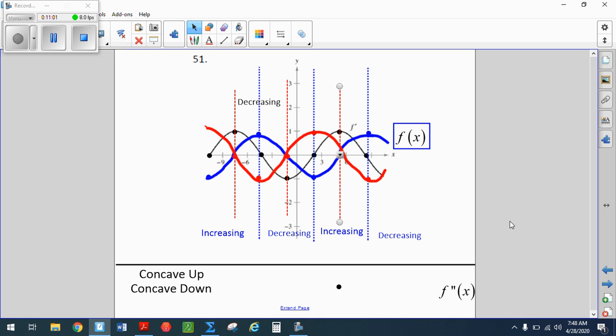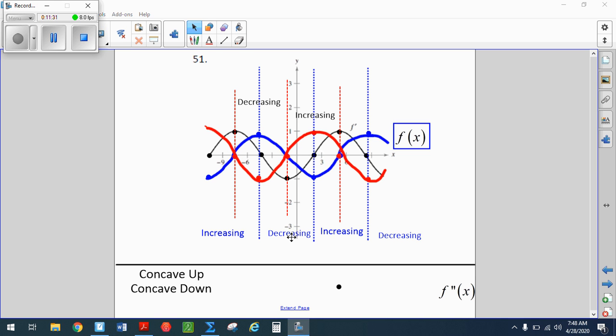But on the black curve, it's decreasing and then increasing. Which is why on the red curve, it's going from negative values to positive values, and there's a 0 there.